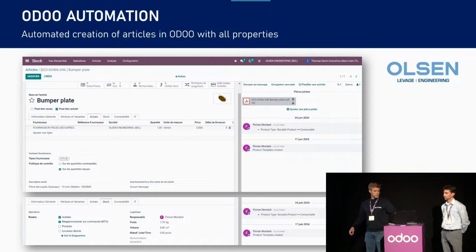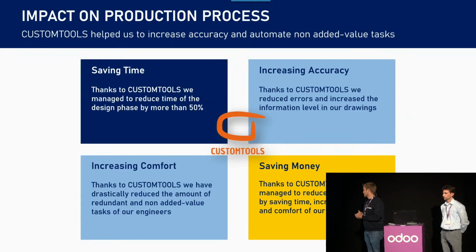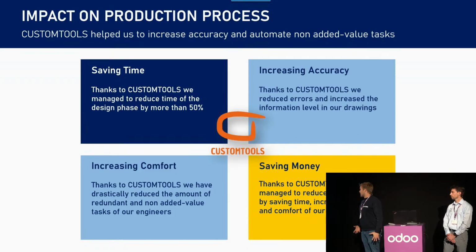So the conclusion of all of this is that we saved quite a lot of time. As you can imagine, all the manual tasks were automated. We also increased accuracy, because manual tasks can lead to errors.